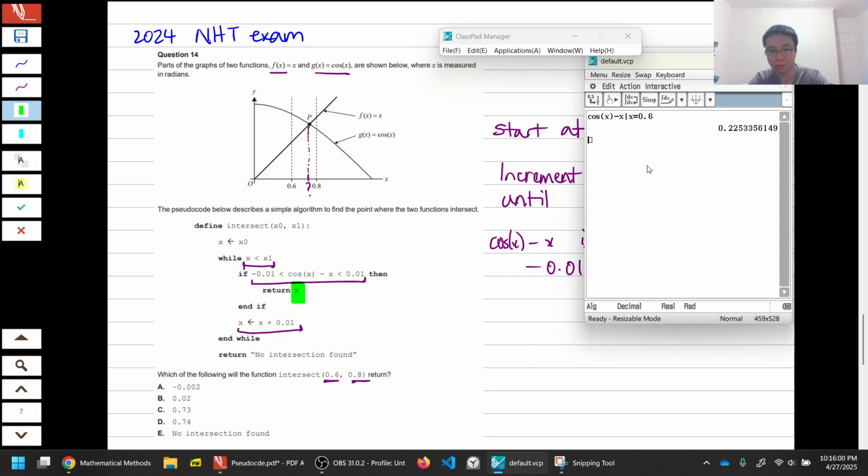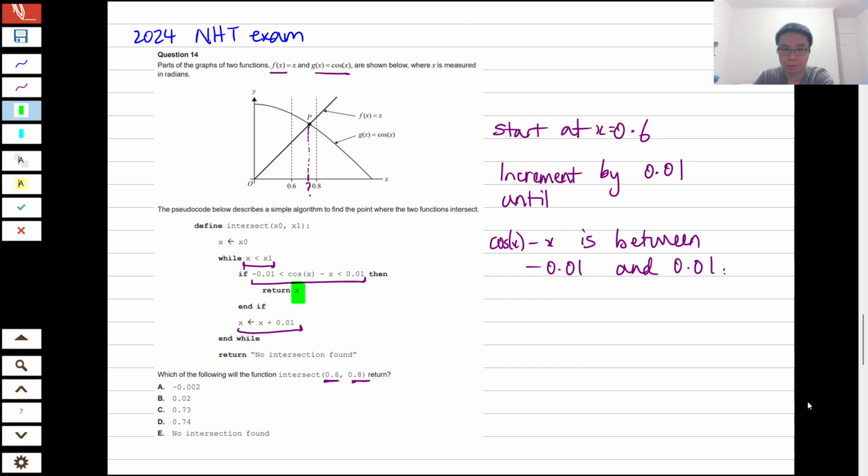And I get 0.22. Is that value between minus 0.01 and positive 0.01? No. Now, because we're starting at 0.6 and incremented by 0.01, we can immediately rule out option A and B, because these are not valid x values. They need to be between 0.6 and 0.8.